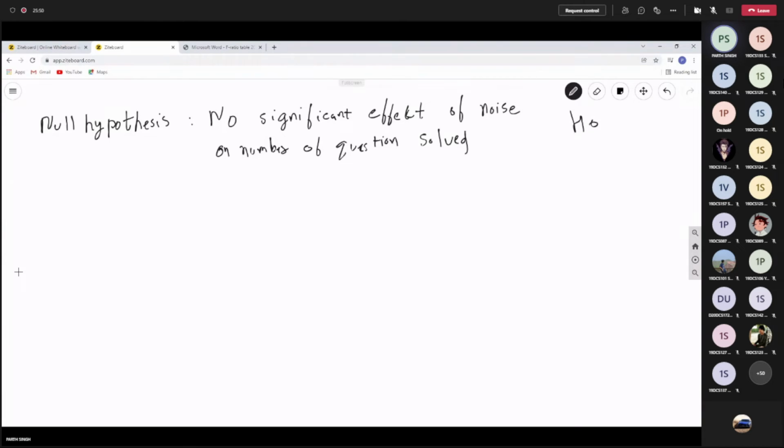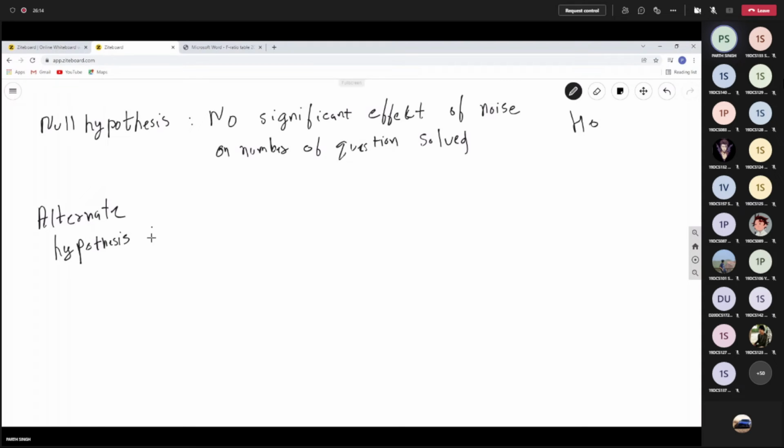And the second hypothesis which we usually generate is known as the alternate hypothesis. The alternate hypothesis states that whenever something is happening, a new theory is preferred instead of the old one.